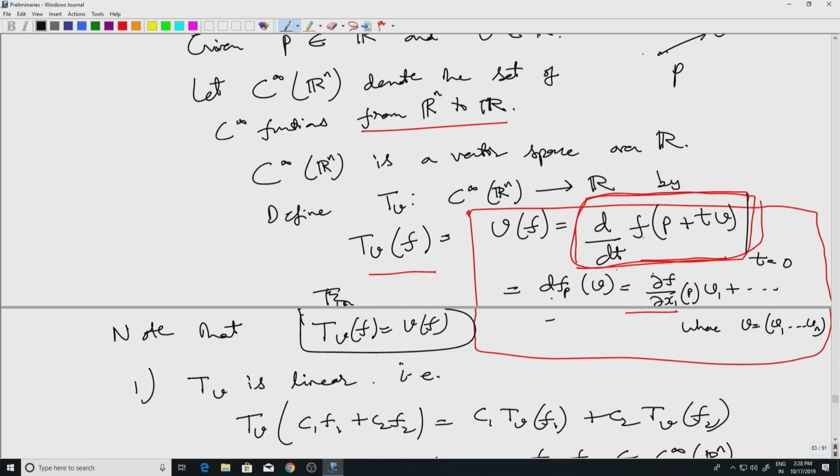So I'm talking about this last part here. So this is what I'm using.